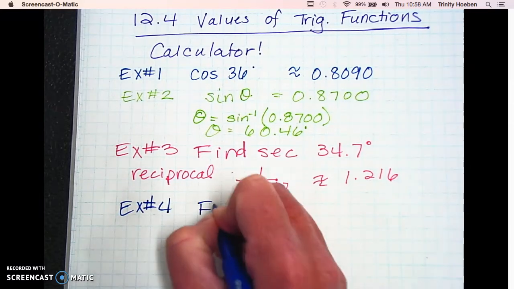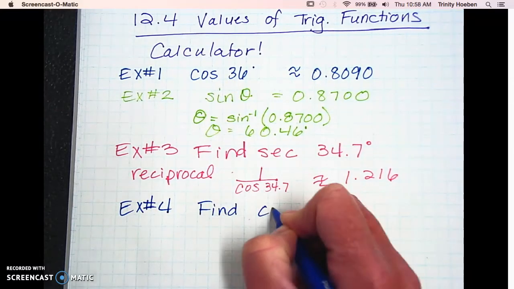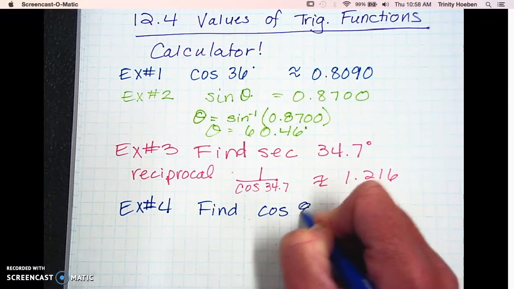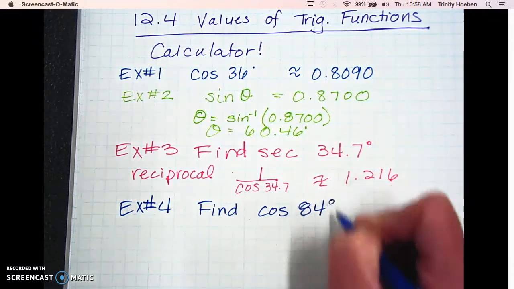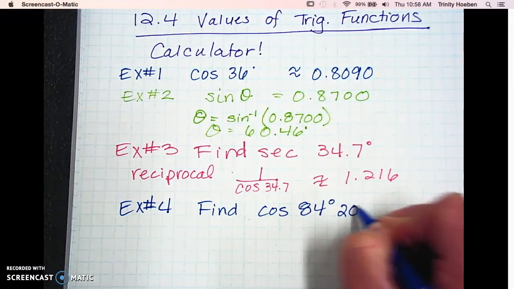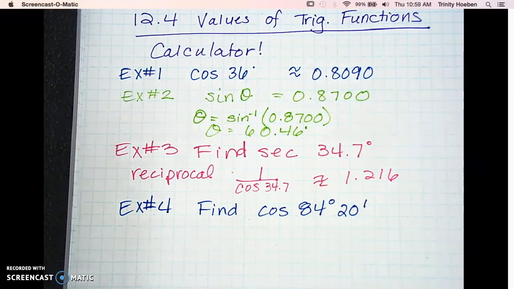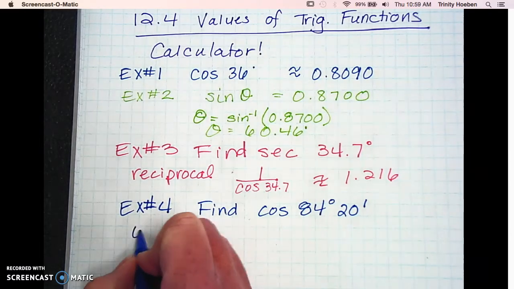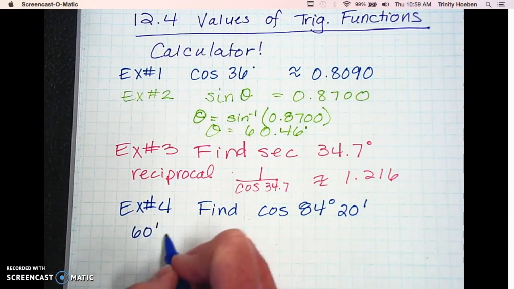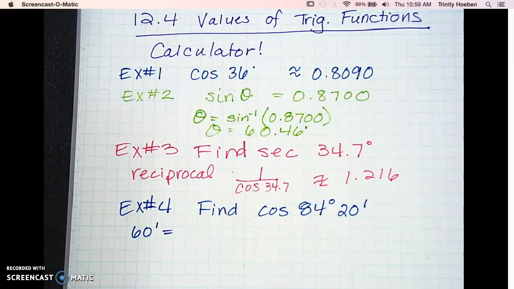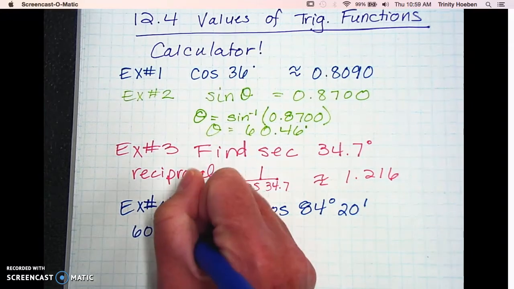Example number 4, we're going to find the cosine of 84 degrees and 20 minutes. You guys remember doing the minutes and seconds the other day? So 60 minutes is equal to 1 degree.